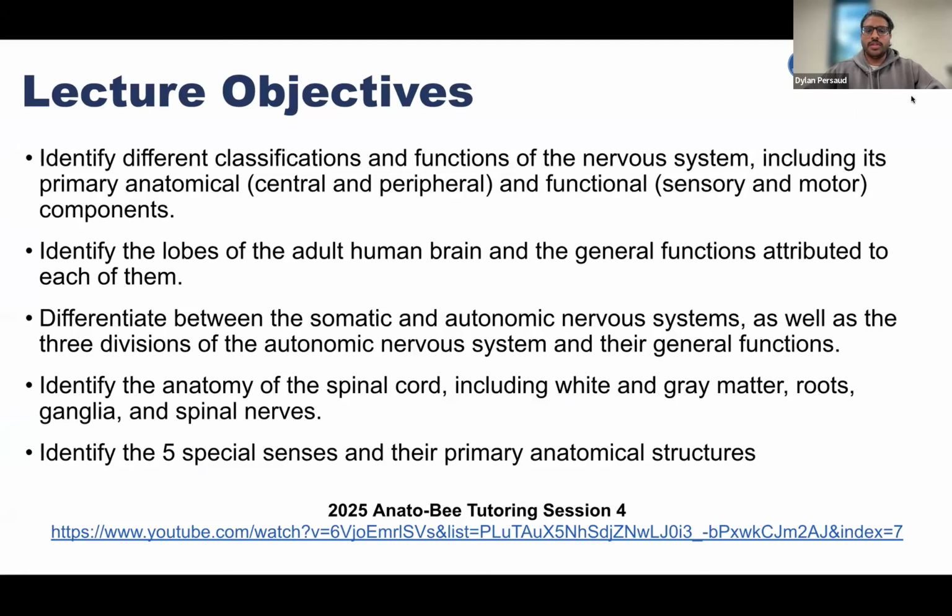We'll talk a little bit more about the granular aspect of the spinal cord, so more of the nitty gritty, the white matter, gray matter, parts of the spinal cord, and then just wrap it up talking about the 5 special senses, which I'm sure we're all comfortable with, but talk a little bit more about the anatomical side and the neuroscience side of that. And I have a link for the tutoring session from last year that you guys may have reviewed.